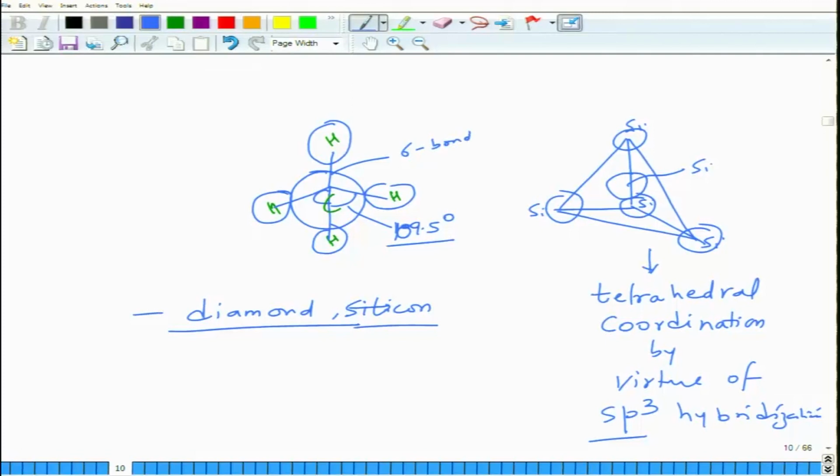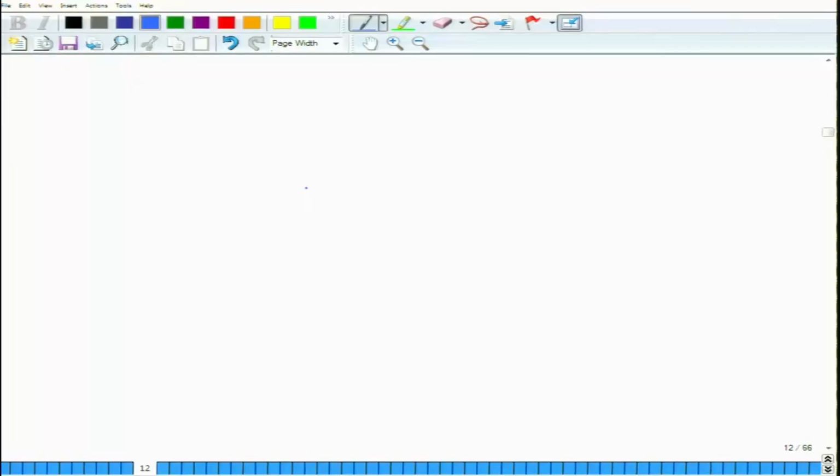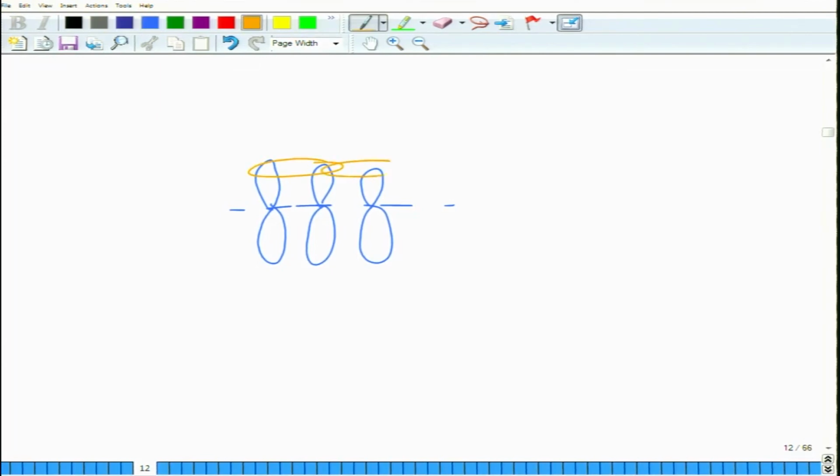Sigma bond is a very strong bond. There is another kind of bond which forms in molecules, especially in polymeric materials. You can have these p type of lobes along the chains of a polymer, like this. The bond which forms between these and the neighboring ones is called a pi bond.